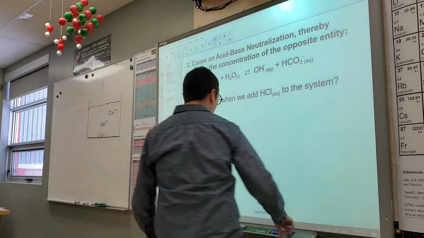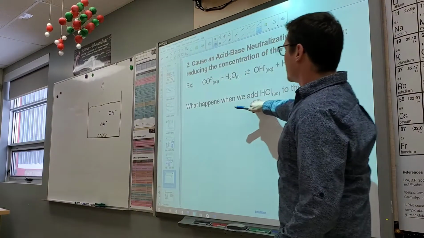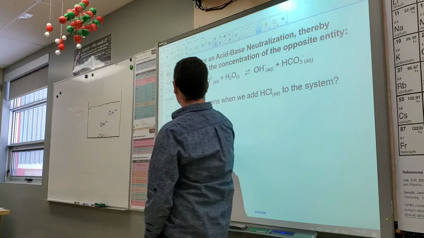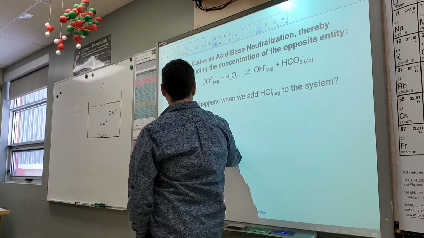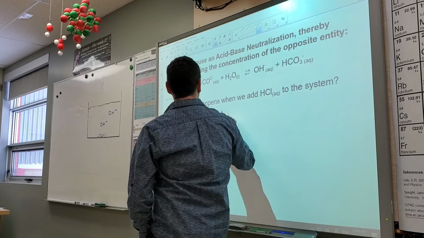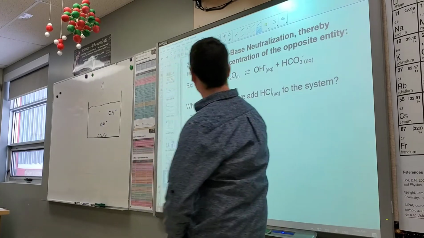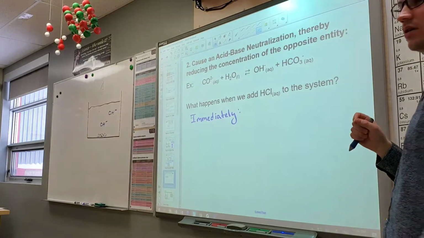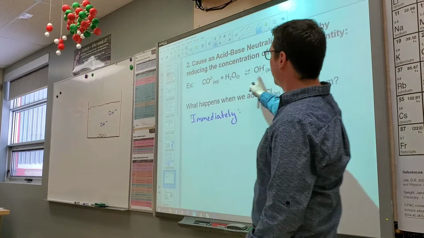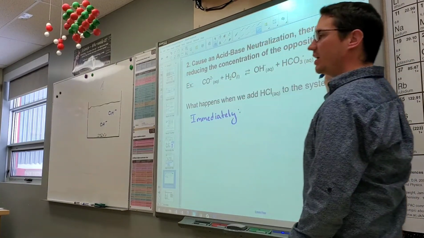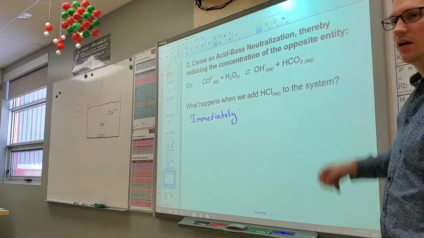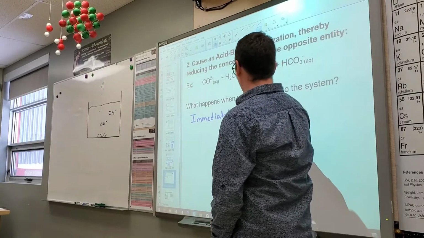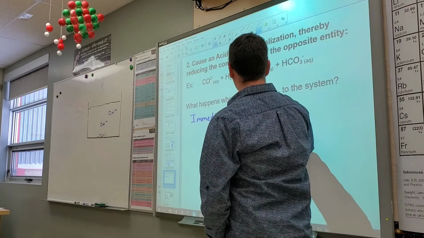Okay. So what happens when we add HCl to the system? Immediately, what's the first thing to change? Which one of these four things is the first thing to change when we add HCl? That hydroxide. Is it going to go up or down? That hydroxide is going to go down.